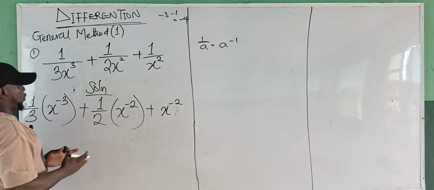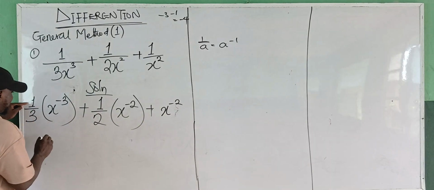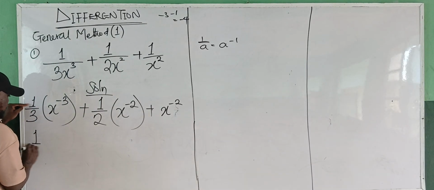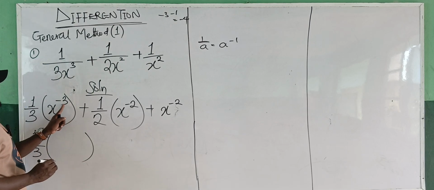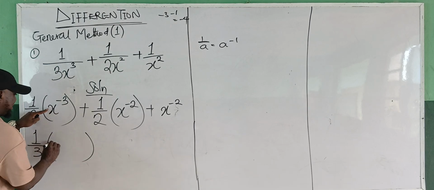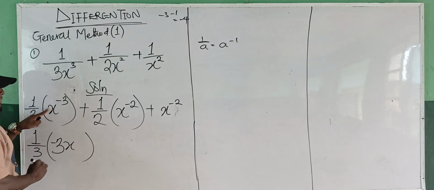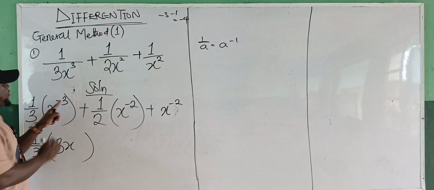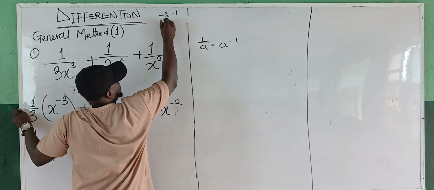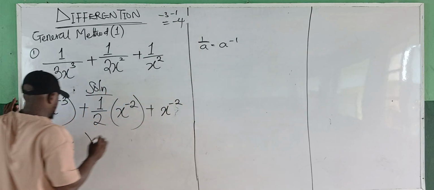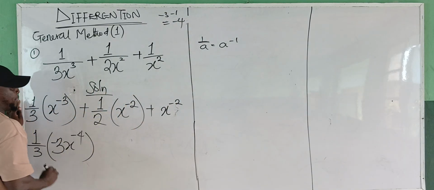Now, going further, what's the next thing we'll do here? I will have that 1 over 3 here. When you differentiate this, by using this minus 3 to multiply this, that will give us 3x. And then remove 1 from this. So minus 3 minus 1 will give us minus 4. So I'm having minus 4 up here.